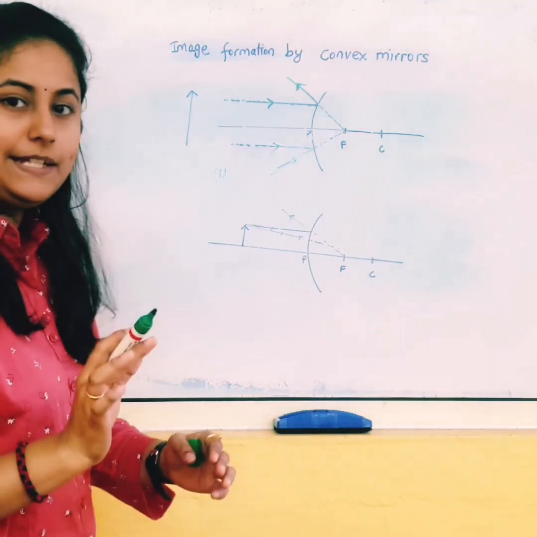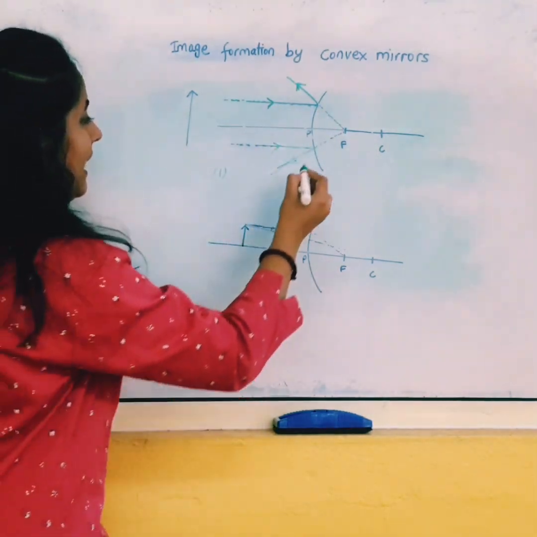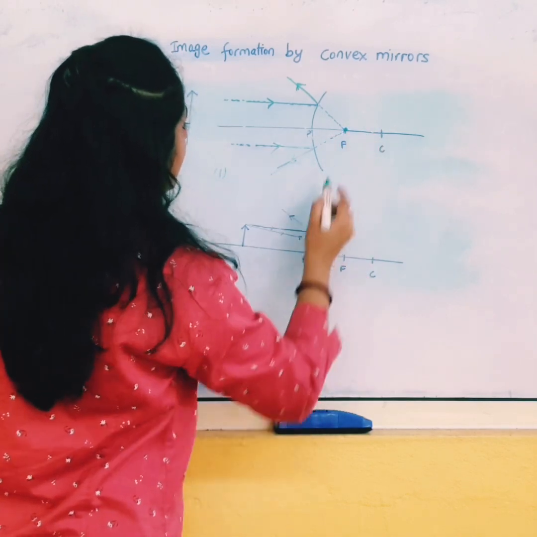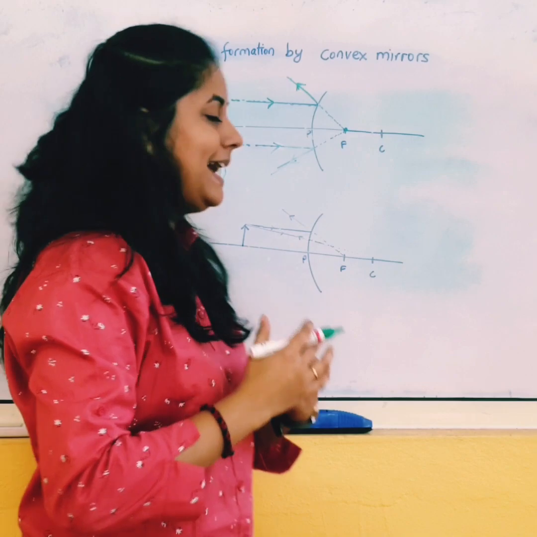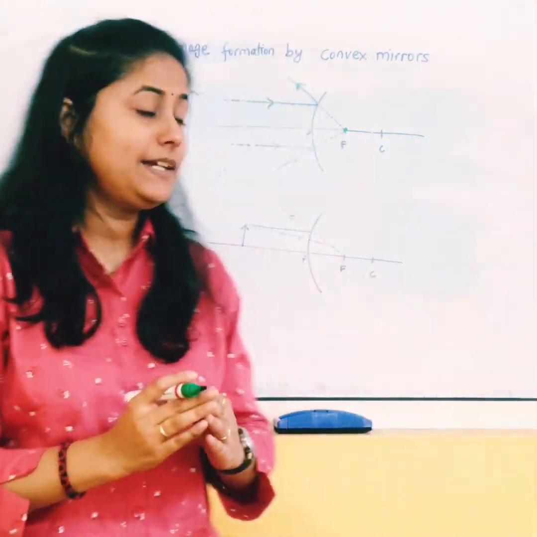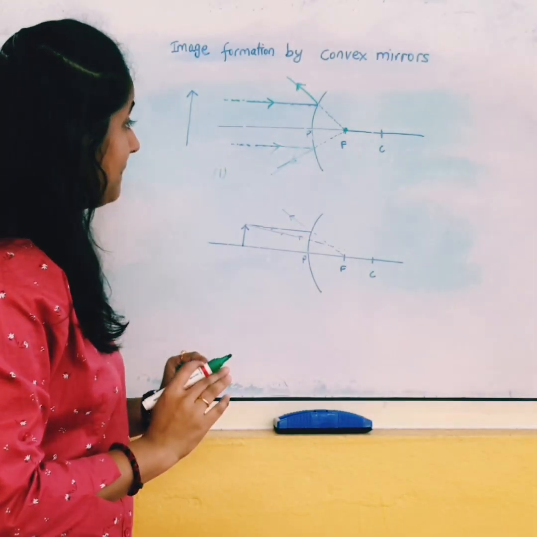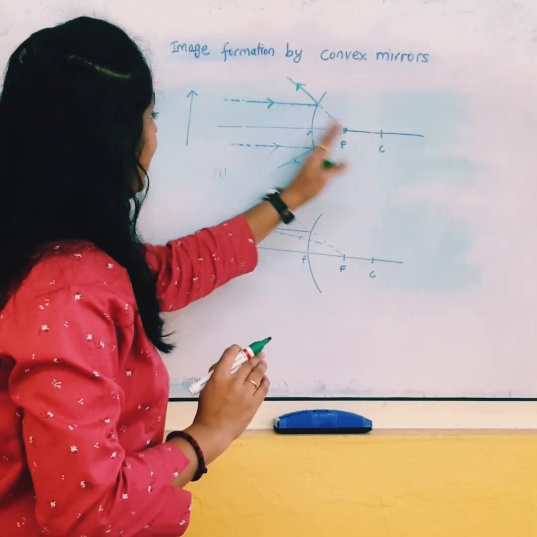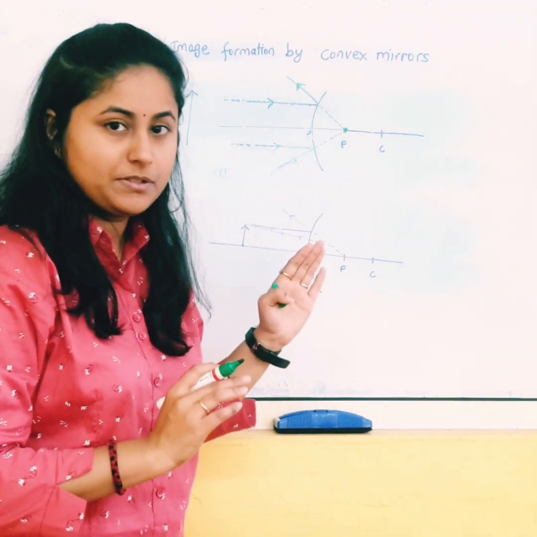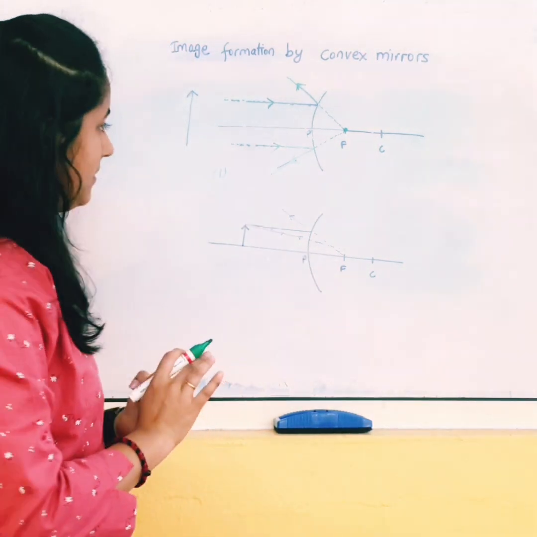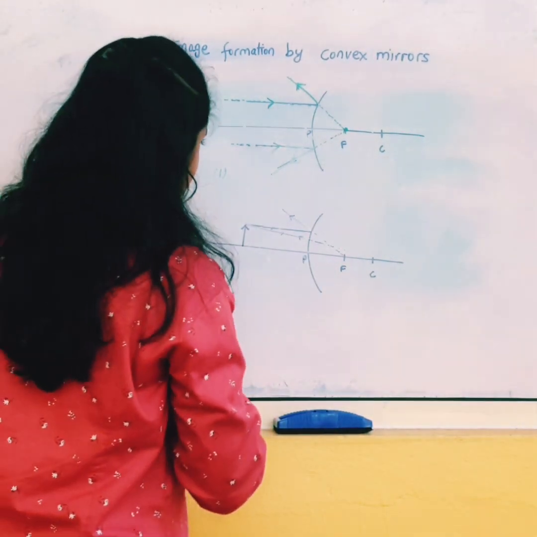As you can see, two rays are meeting after reflection at this point, so the image is formed here. The size of the image is highly diminished or point sized, and it is located on the other side from where the object is kept. So the type of image formed is virtual and erect.